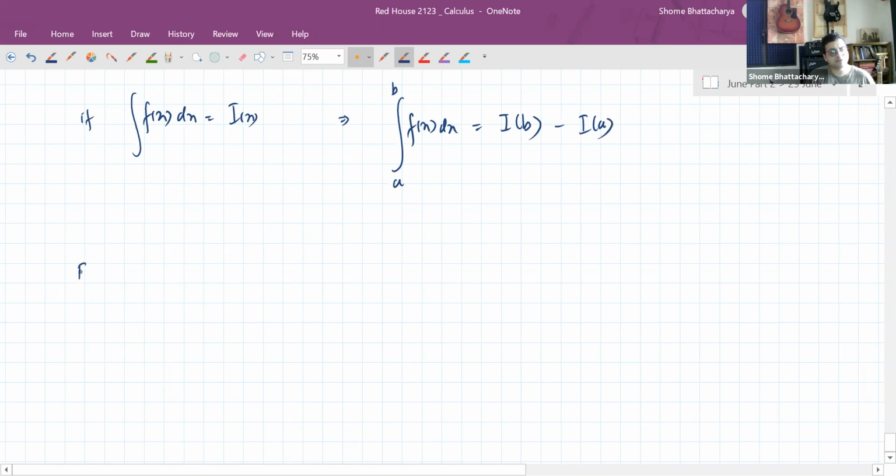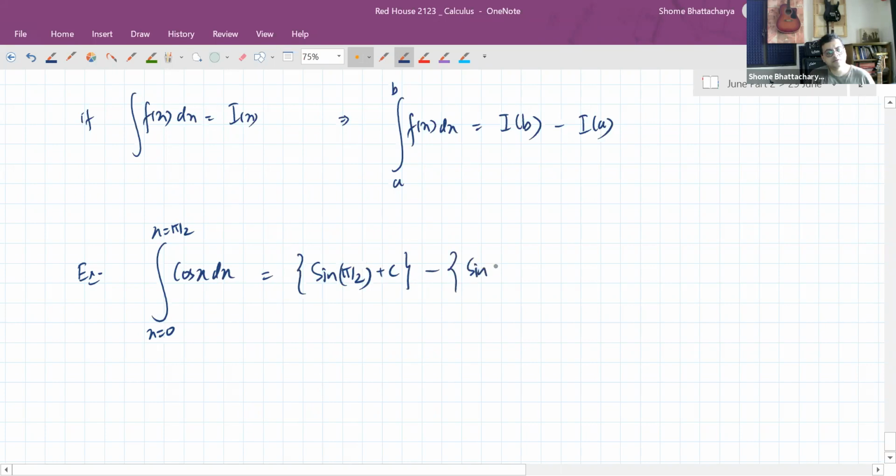So as a simple example, let's understand. If we want to do integration of, let's say, cos x from x equal to 0 to x equal to pi by 2, that will become sine of pi by 2 plus c minus sine of 0 plus c. That will become 1 minus 0, which is 1.